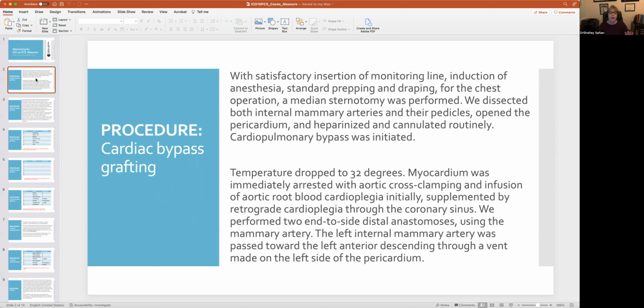This is a cardiac bypass grafting. And yes, that primary procedure is going to be reported in the med-surg section. Okay.